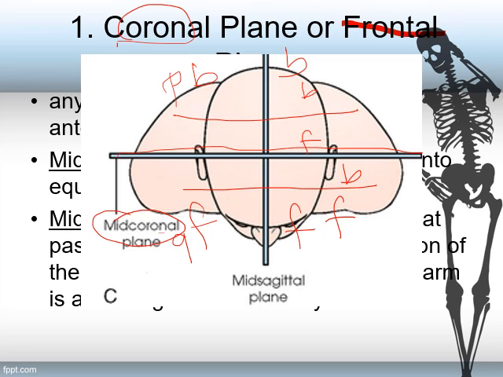Okay? So again, pag sinabing coronal, divides the body into anterior and posterior. Pag sinabing mid-coronal, equal division ng anterior and posterior. Para madali rin siyang tandaan, pag sinabing coronal, it means corona or crown. Nilalagay siya dito, hindi ba?